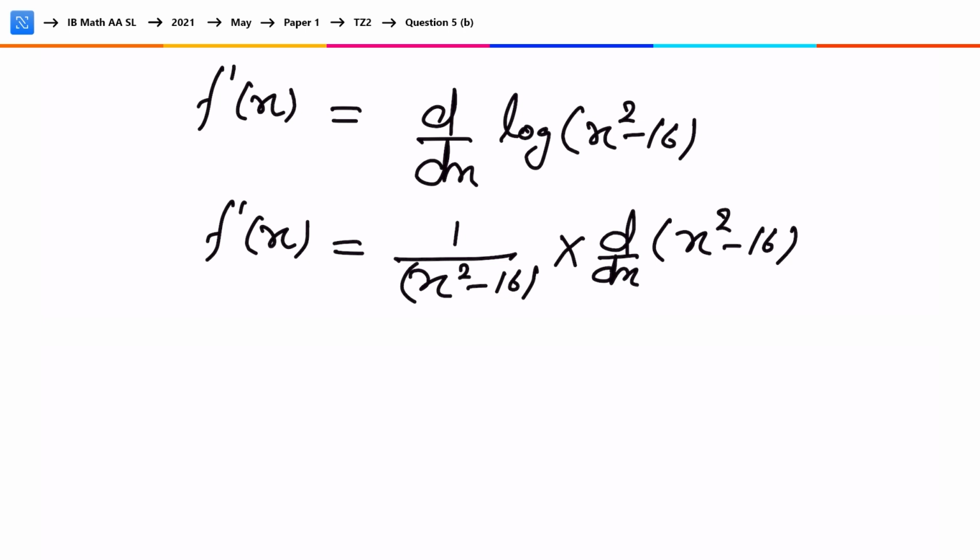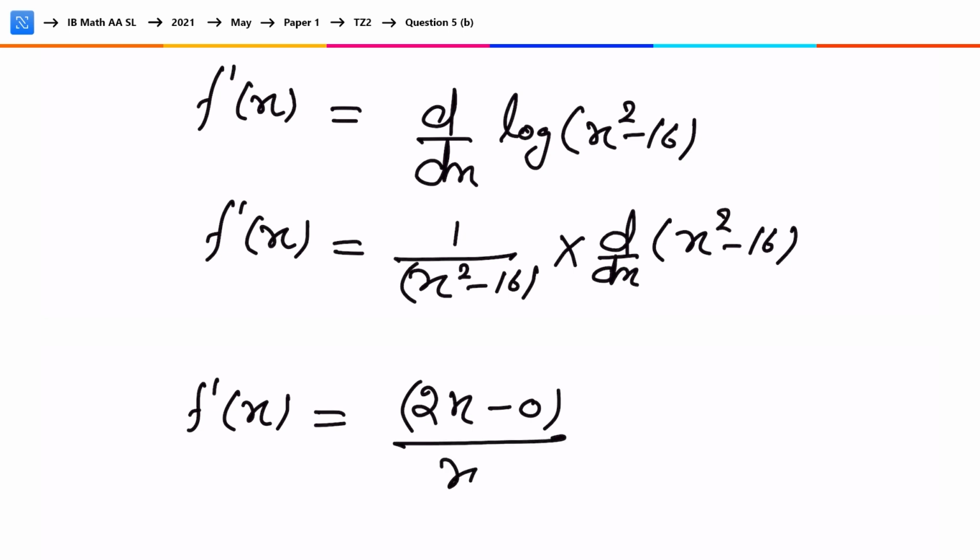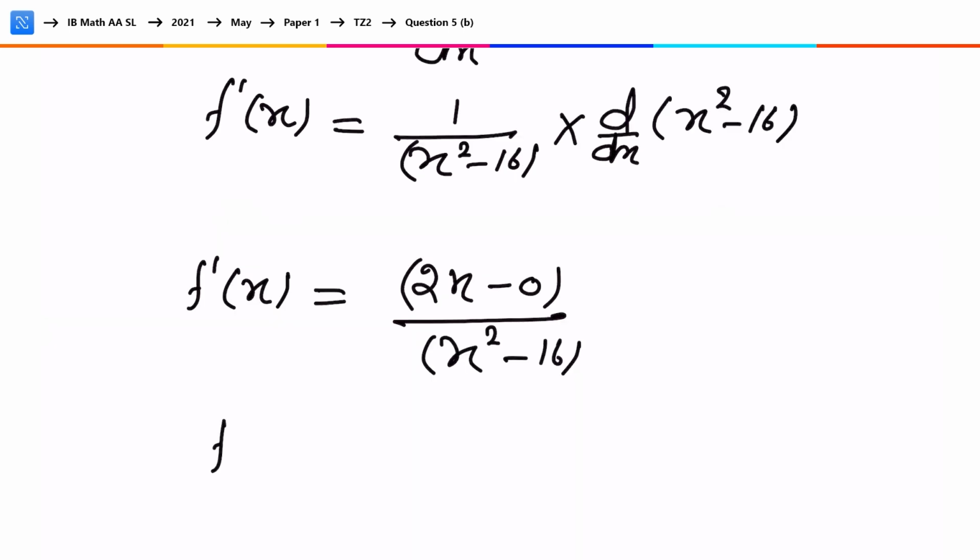Next, we differentiate x squared minus 16 with respect to x, which gives f dash x is equal to 2 times x minus 0 divided by x squared minus 16. This gives us f dash x equal to 2 times x divided by x squared minus 16.